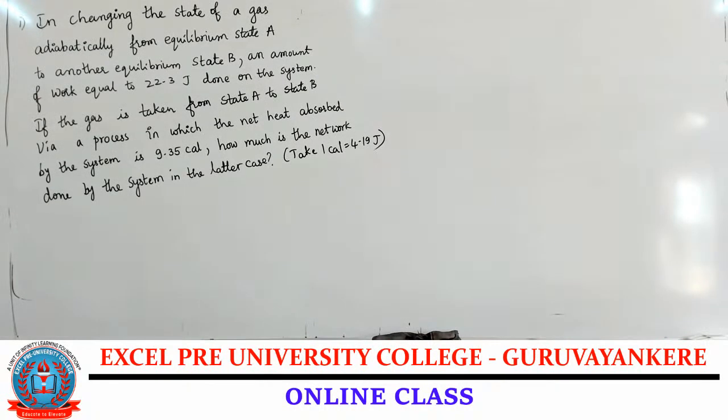So I'll read out the question. In changing the state of a gas adiabatically from equilibrium state A to another equilibrium state B, work equal to 22.3 joule is done on the system. If the gas is taken from state A to state B via a process in which the net heat absorbed by the system is 9.35 calorie, how much is the net work done by the system in the latter case?